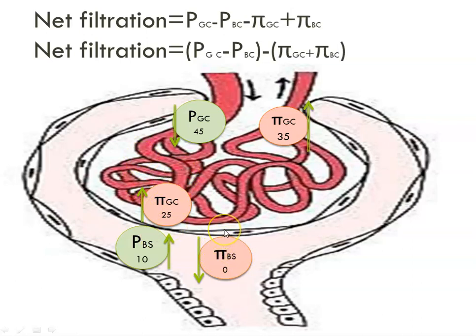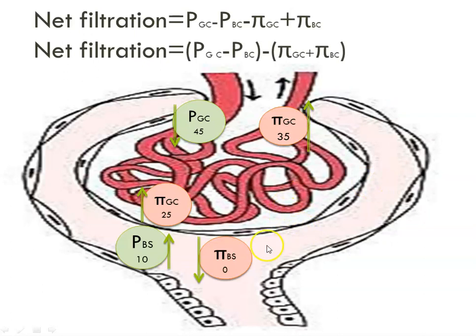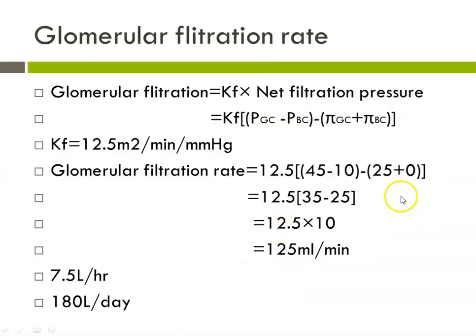So to calculate the glomerular filtration rate, only this 25 mmHg is substituted. So 25 plus pi BC, you already know this is 0. So 45 minus 10 is 35, minus 25. So 12.5 into 10 is equal to 125 milliliter per minute. So the glomerular filtration rate is equal to 125 milliliter per minute.